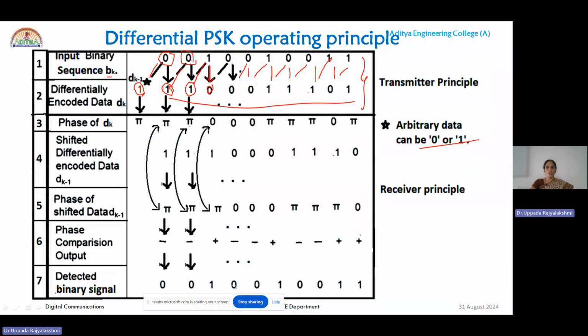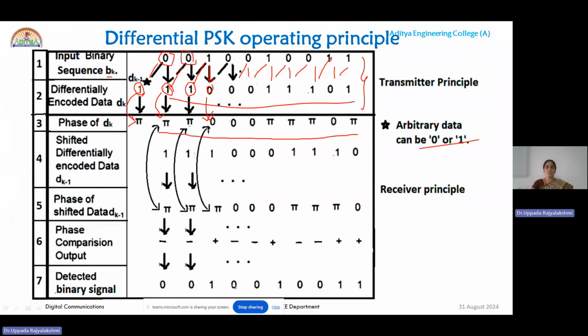Coming to the demodulation or detection, first we take the phase of dk. We know that when the data bit is 1, the phase change is pi radians. So wherever you have 1, we will take the phase as pi, and wherever you have the differential data bit as 0, we will consider the phase as 0.